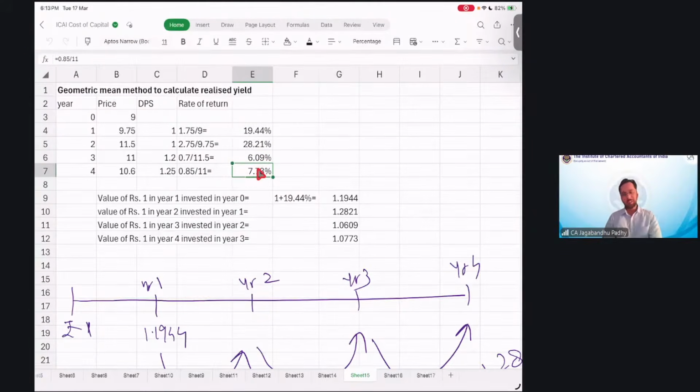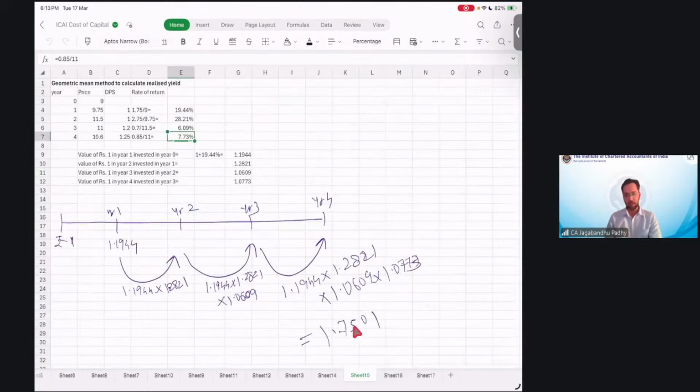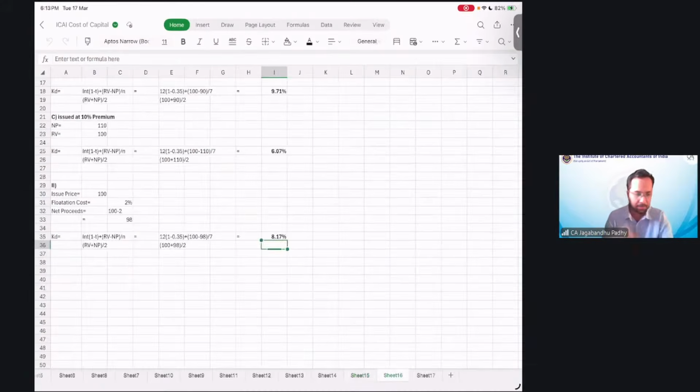So you can get the geometric mean return by simply compounding it every year. So 1 rupee grows by 19.44 in 1 year. Again, it grows by 28.21. Again, it grows by 6.09, and then by 7.73. So it keeps on growing, and that's totaling to like 1.7501. And you can essentially say that this is the compounded value of 1 rupee. Get the rate of return accordingly.